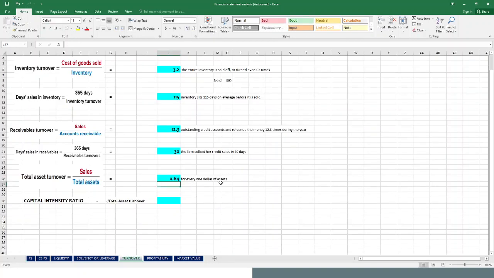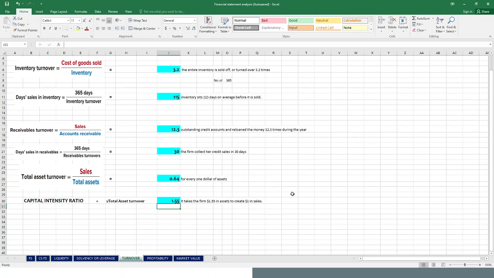So for every $1 of asset, 64 cents in sales is generated. Then the capital intensity ratio is the inverse of this. That is 1 divided by this. So it takes the firm $1.55 in assets to create $1 in sales.